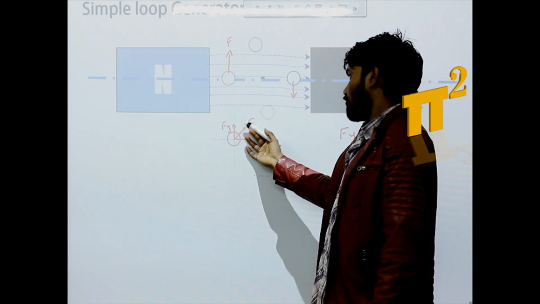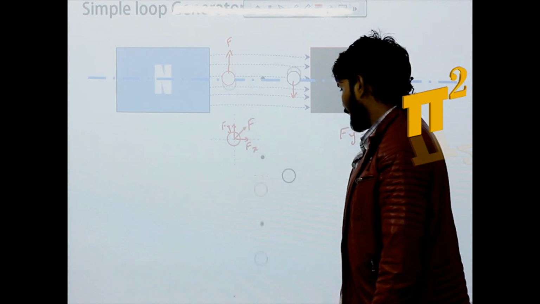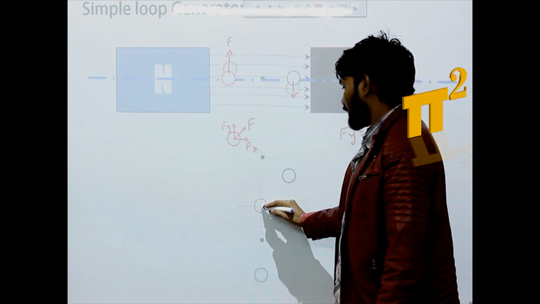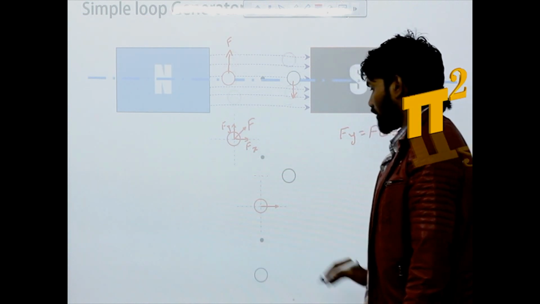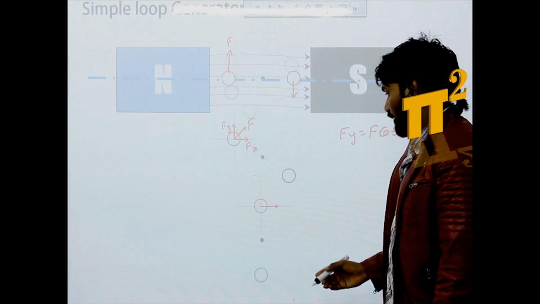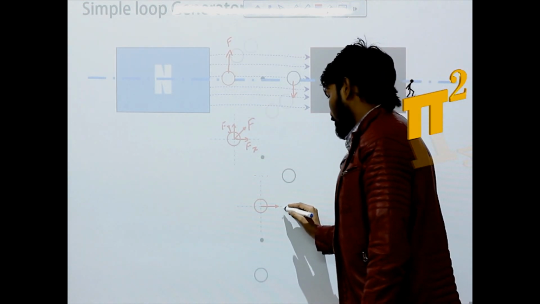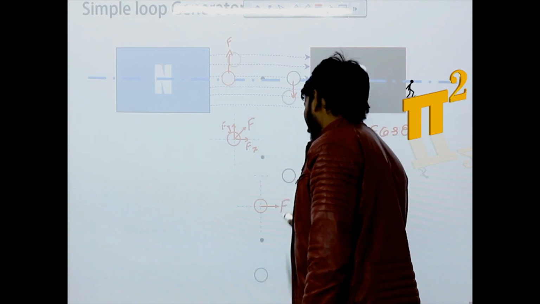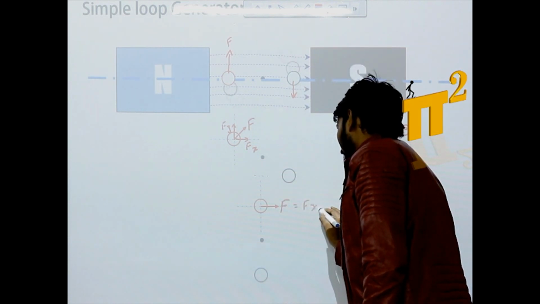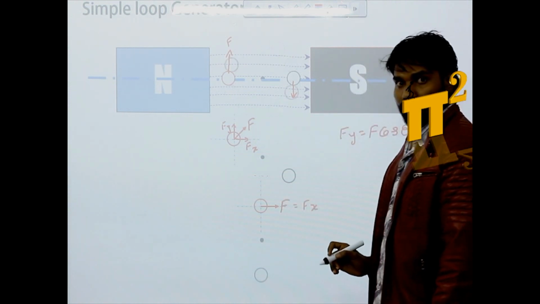For a further rotation of 45 degrees, total 90 degrees rotation, the force acting is tangential this way, which is the x-axis force.